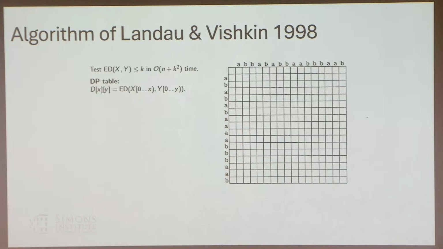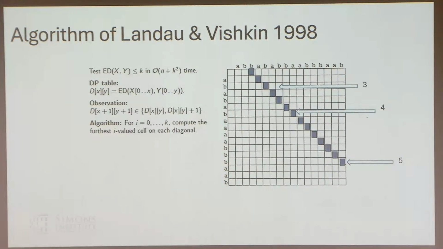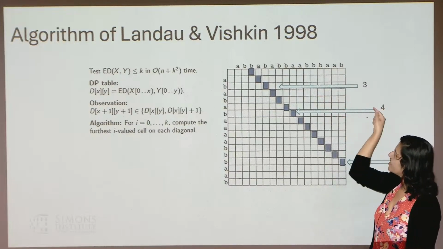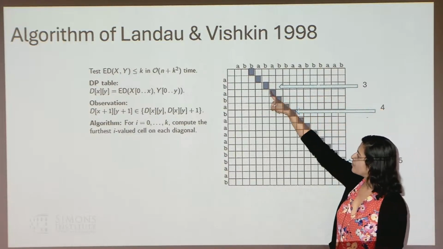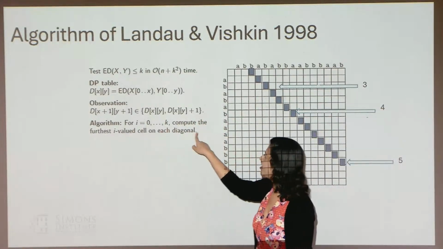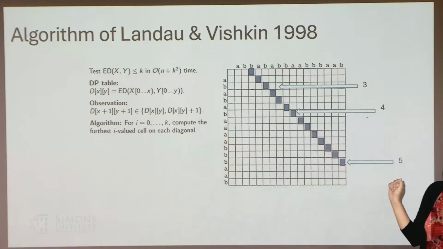You can also observe from this dynamic programming table that if you look at any diagonal, the edit distance is monotonically non-decreasing. So for every diagonal, you can compute the max row. Like we can compute the farthest i-valued cell on each diagonal, where i is from 0 to k.